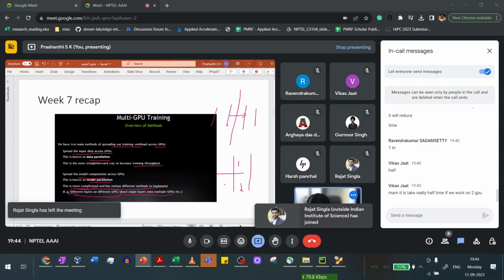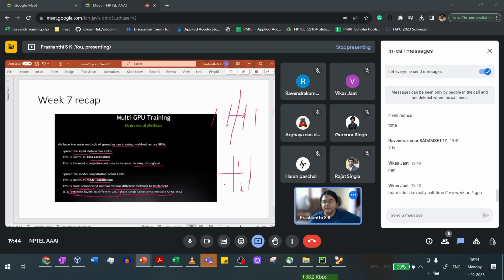Does it really take half the time if we work on two GPUs? No, that's the expectation. Reality can be different. So some things that you have to think about are what are these extra things that add up to your ideal time, right? Because if you think about something simple like data parallelism where both your GPUs are doing the same work, then you expect half the time, right?